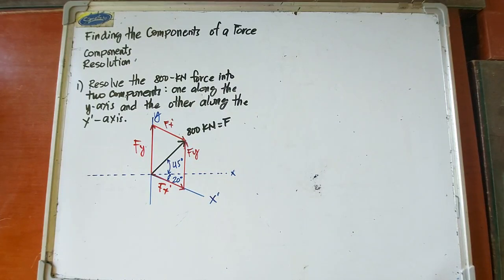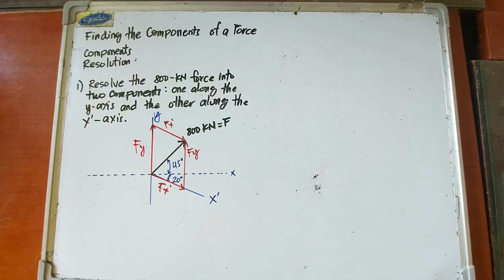Kung ang given lang natin ay isang side tapos isang interior angle. So para ma-solve natin yung triangle, we need at least tatlong given, no? Dalawang side, isang angle. Pwede rin tatlong sides ang given, pwede rin isang side pero two angles, no? So in this case, ang given lang natin ay isang side, isang interior angle.